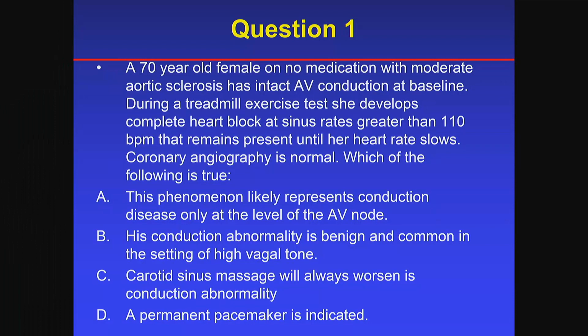That remains present until her heart rate slows. Coronary angiography is normal. Which of the following is true? A, the phenomenon likely represents conduction disease only at the level of the AV node. B, the His conduction abnormality is benign. C, carotid sinus massage will always worsen this conduction abnormality. Or D, a permanent pacemaker is indicated.